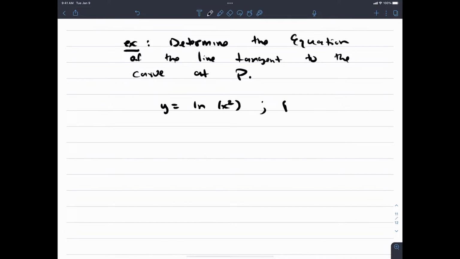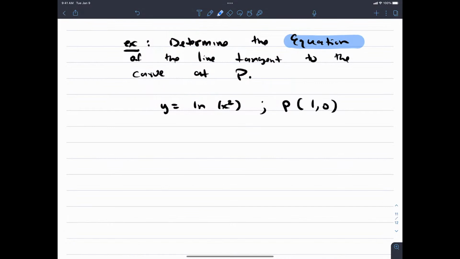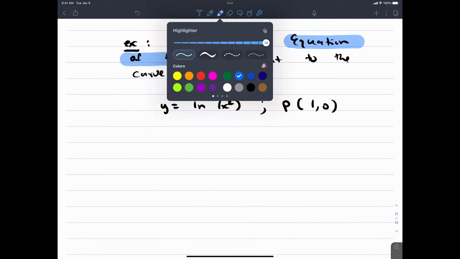X squared, and then that point P is at (1, 0). Okay, it's that tried and true equation of the line. And of course, the tangent to the curve part, that's the calculus part.